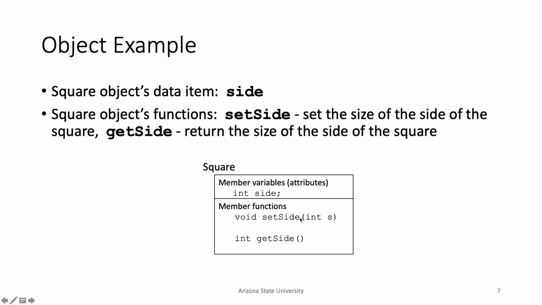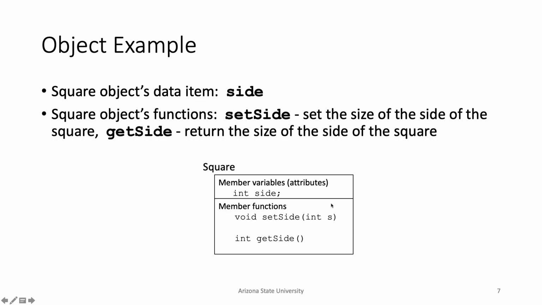Of course, if we want to change the side length, maybe we want a bigger square, we could avoid data hiding and say, yeah, we can allow you to change the side length arbitrarily. And we can see how to do that. But encapsulation and data hiding says we're going to make some functions on the square object.